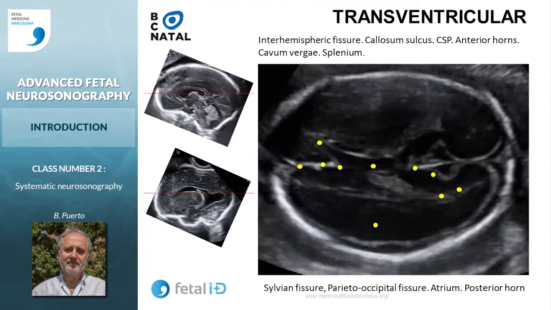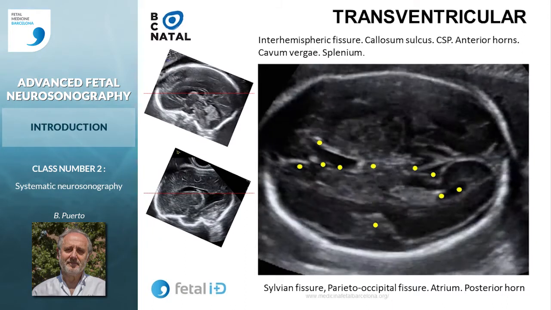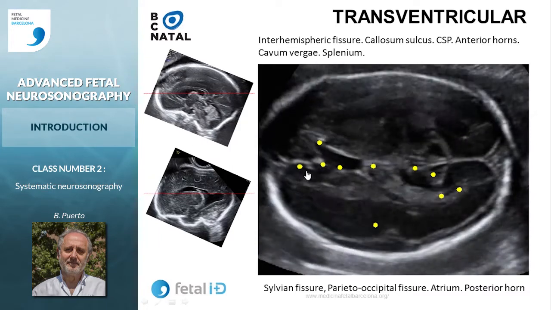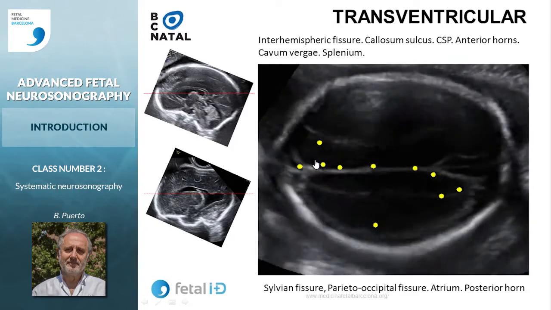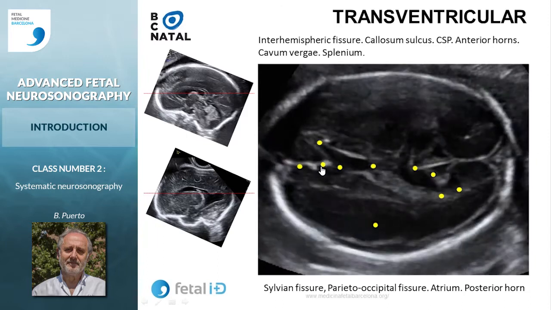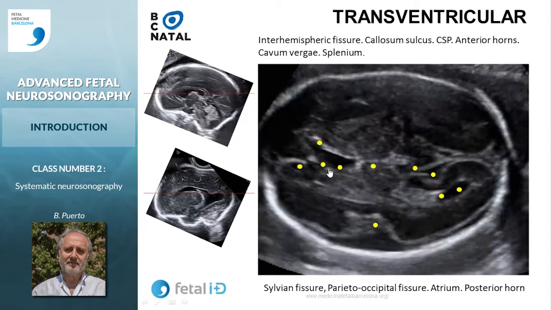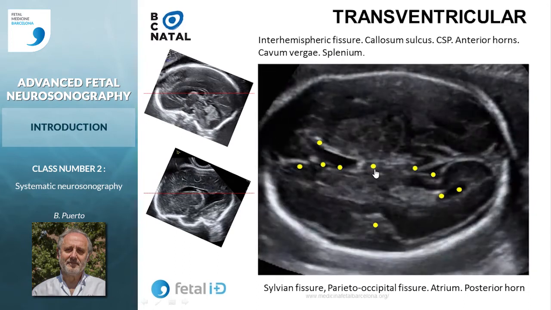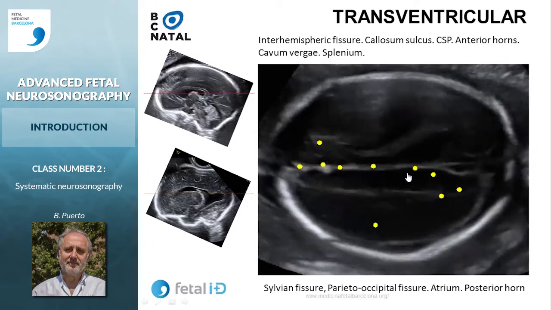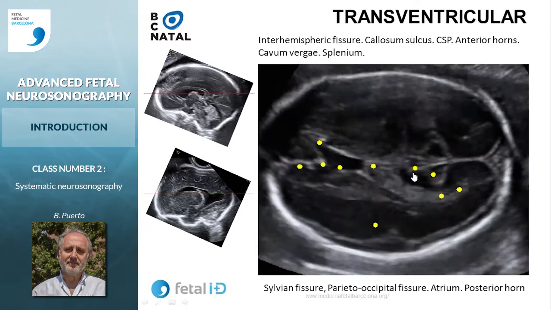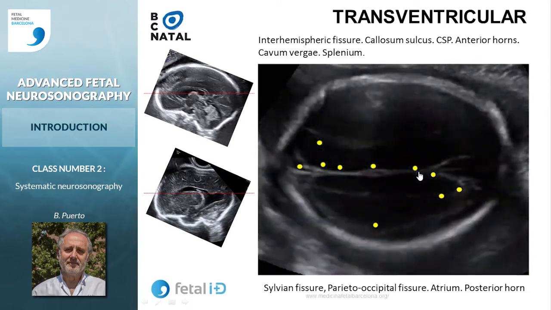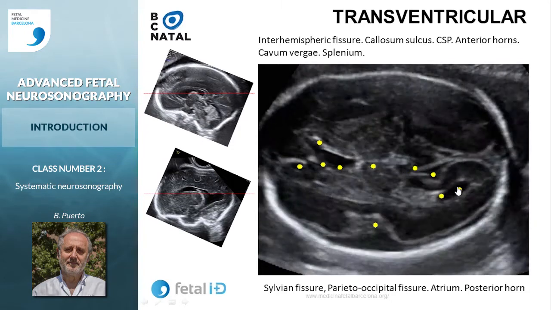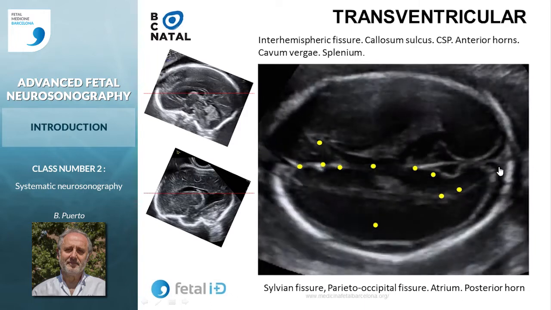Transventricular section. If we go from front to back, we will see the interhemispheric fissure, corpus callosum sulcus, cavum septum pellucidum, third ventricle, the most posterior part of the corpus callosum, with its splenium, quadrigeminal and ambiens cistern, and at the end, the interhemispheric fissure.